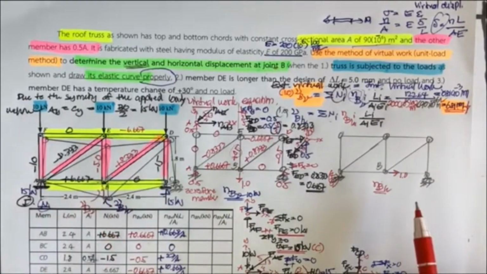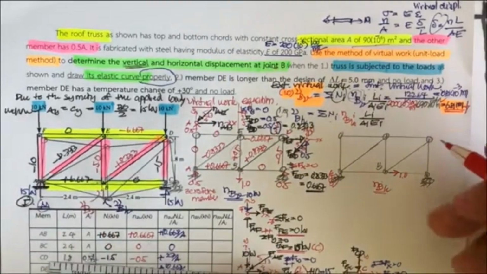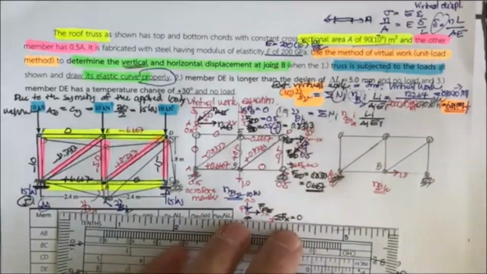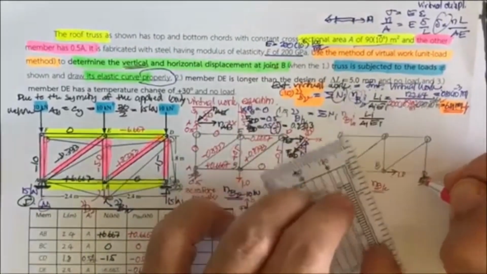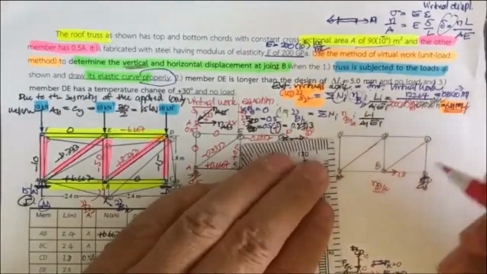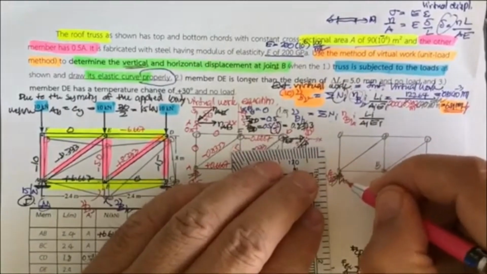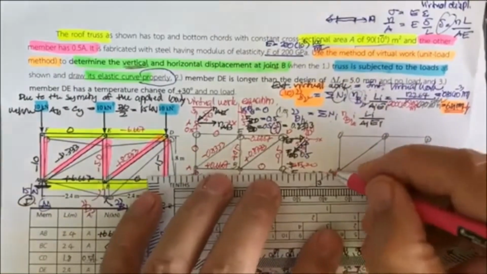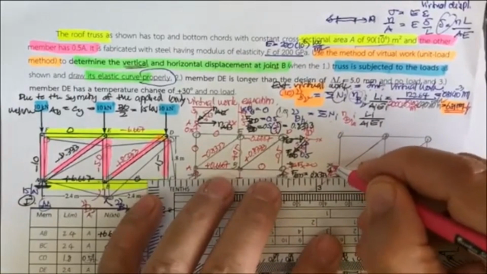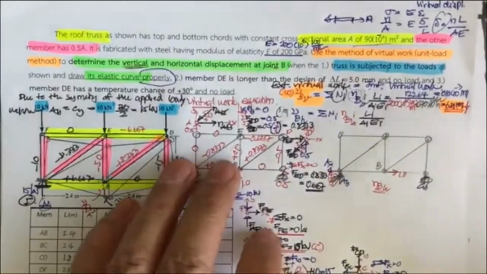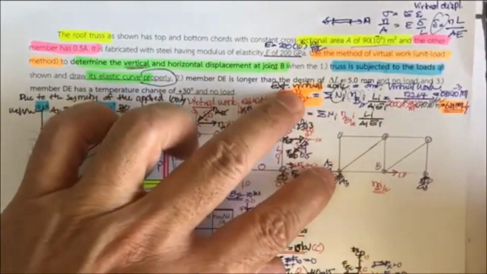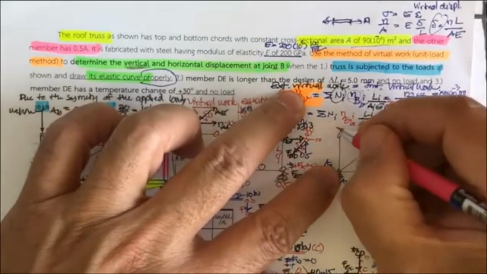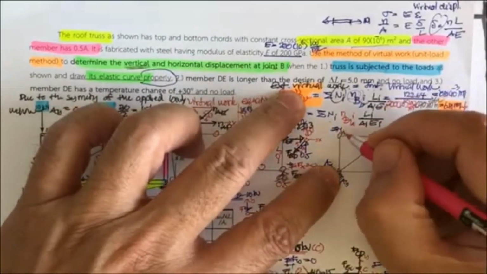Let us consider the free body here. What we have is force C sub y, A sub y, and A sub x.